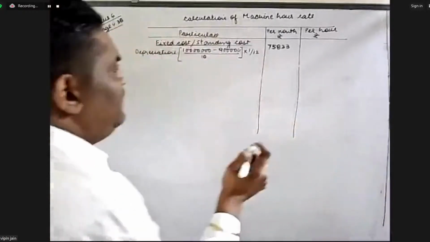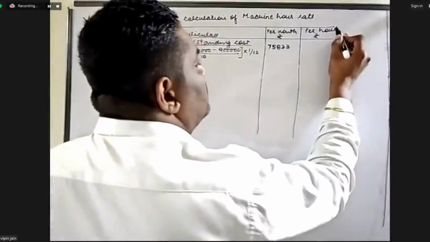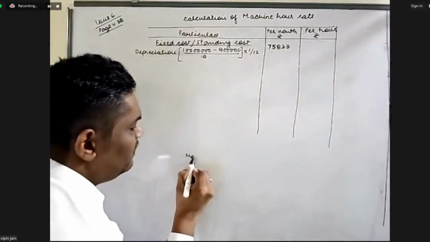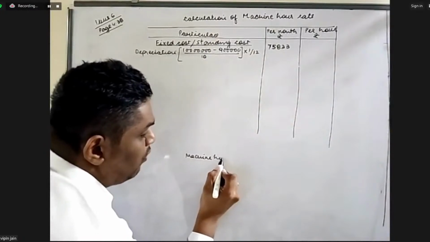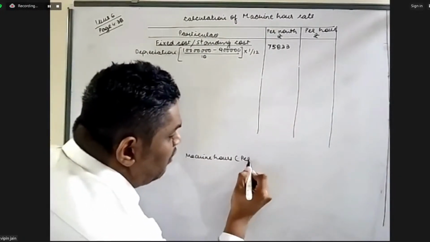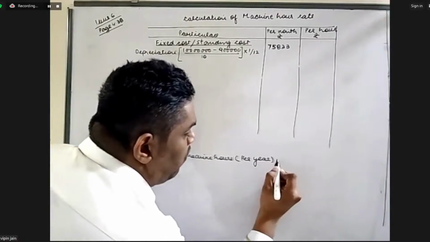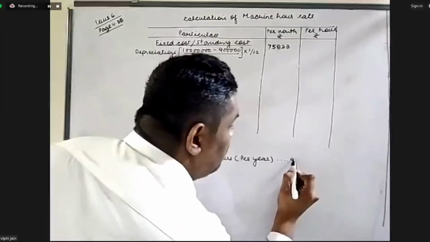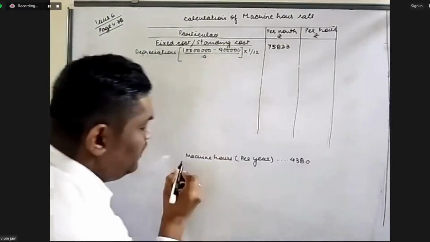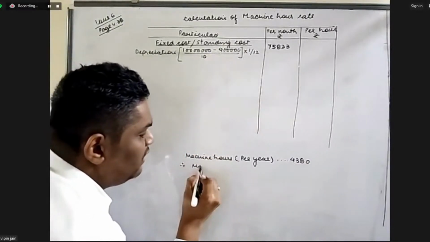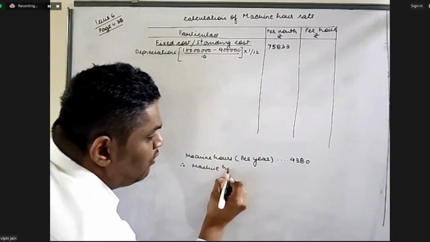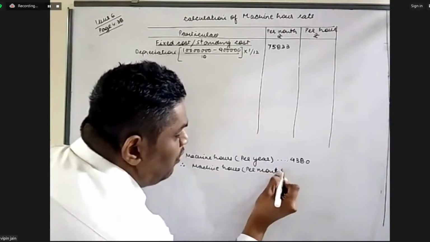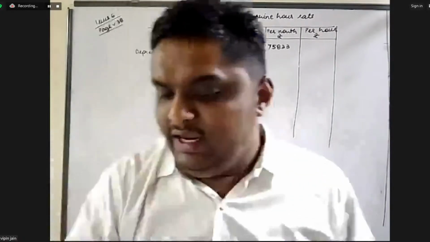Since we are using the monthly data, the machine hours are given per year, that is 4,380. Therefore, machine hours per month will be 4,380 divided by 12.